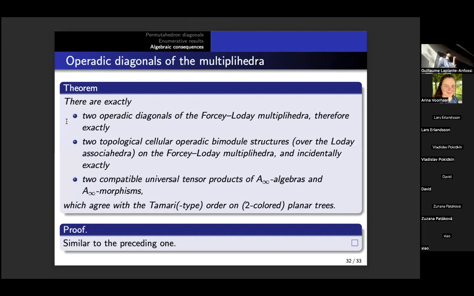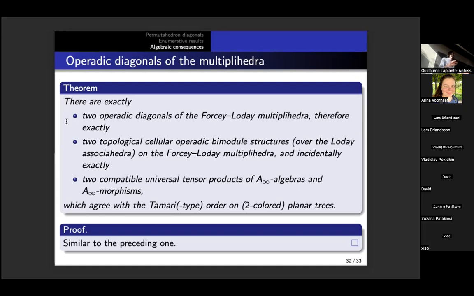So it's strongly isomorphic, but at the level of the permutahedron only. I don't want to commit for the operahedra and the multiplyhedra, but there's a possibility that it also descends there as well, so that they will be as strongly isomorphic as possible.